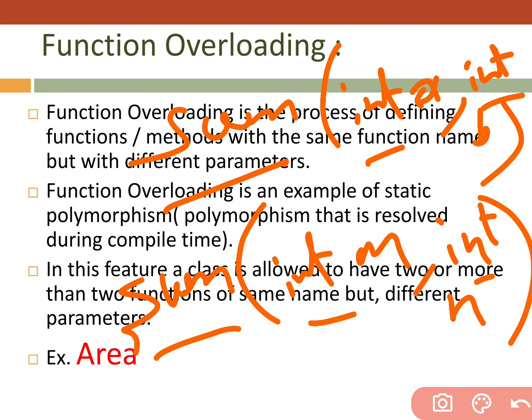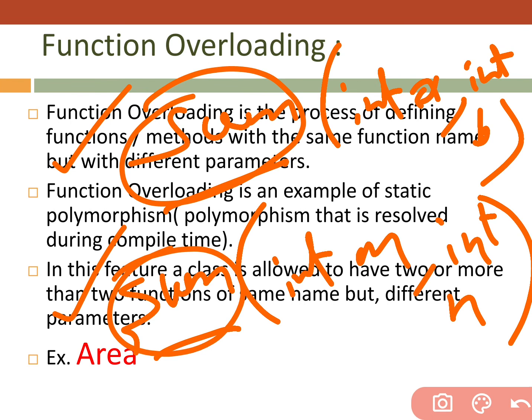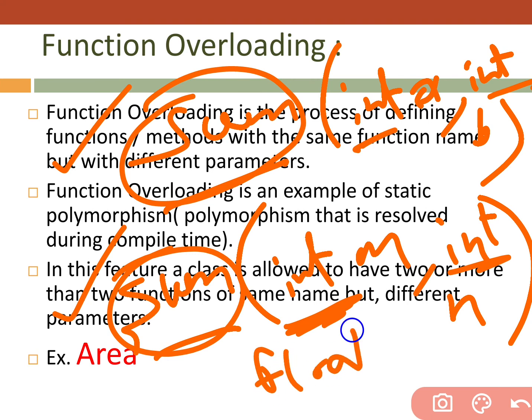These were the consequences. How are you going to understand which one we want to run, either this one or this one? That's why the function name should be the same, but parameters should be different. If you are using int, then create the other as float, or int float, or float int.